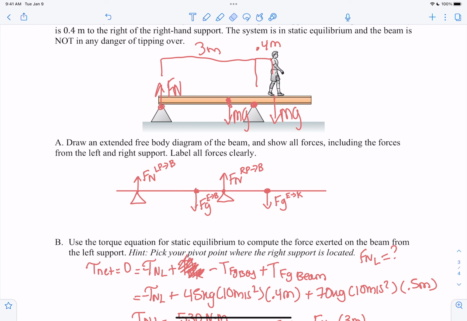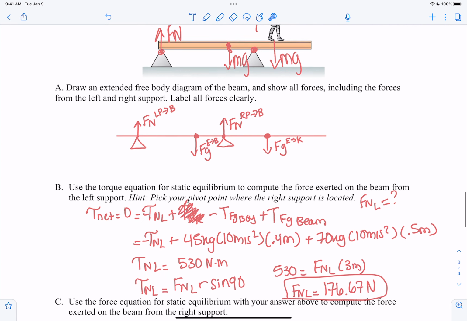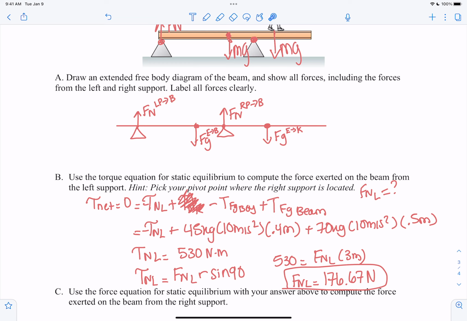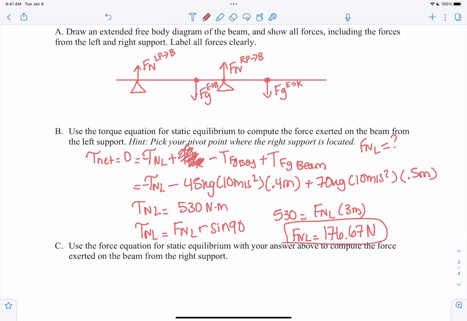And then for the beam, that pulls it in what? So if I were to imagine this, pulling it down like that, that's counterclockwise, so that's positive. Okay, well, that significantly changes things up. So buoy should be negative, beam should be positive.